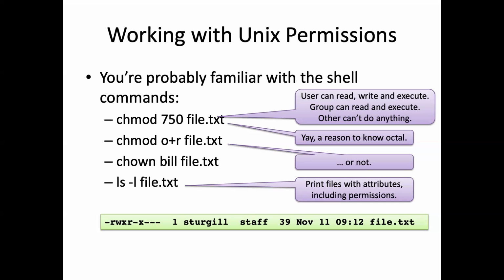These are all shell commands that let you change these first two, and this last one lets you look at who owns a file and look at the permissions bits associated with that file. This second to last one lets you change the owner of a file on the Unix machine.